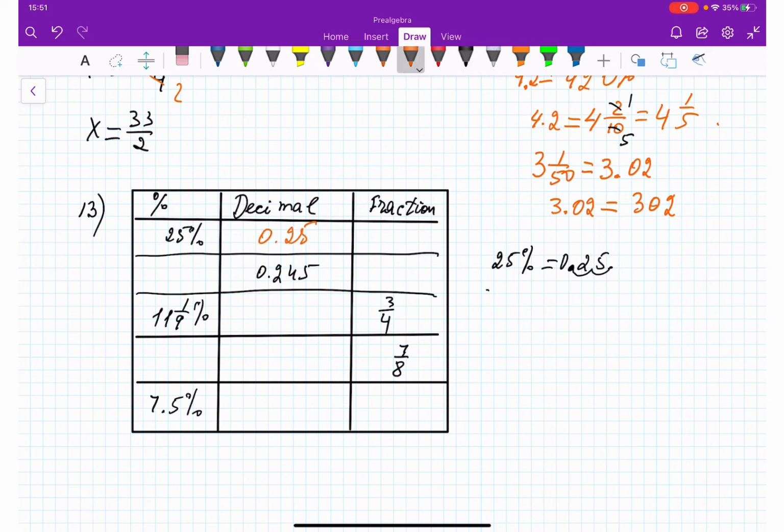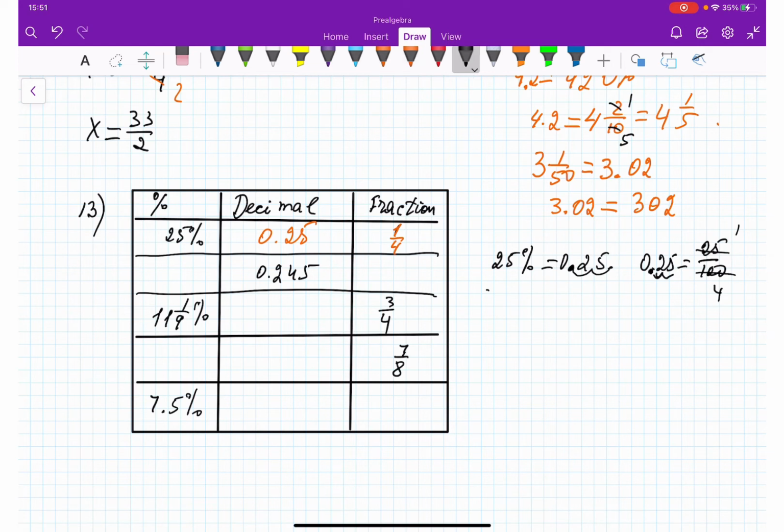Now, 0.25 converting into fraction. It's going to be 25 over 100, right? Because two decimals, two positions, tenths and hundredths. That's why we divide by 100. This is 1, this is 4, and we are getting 1/4.